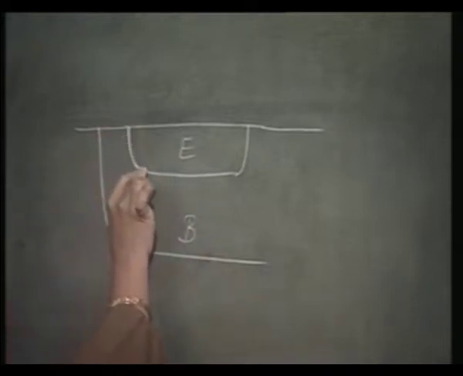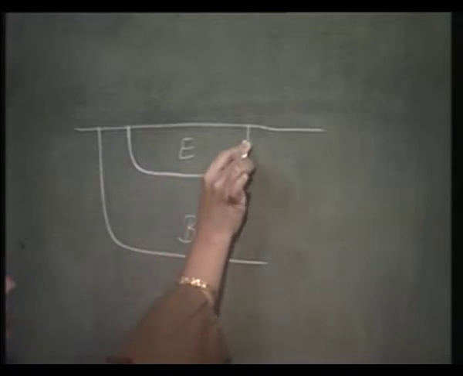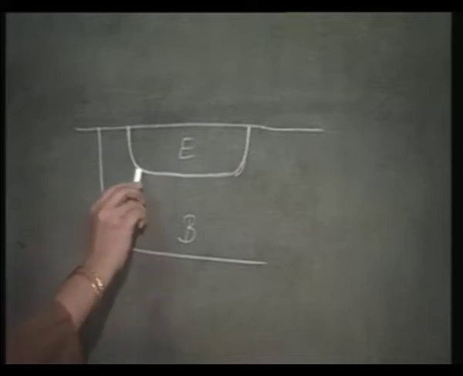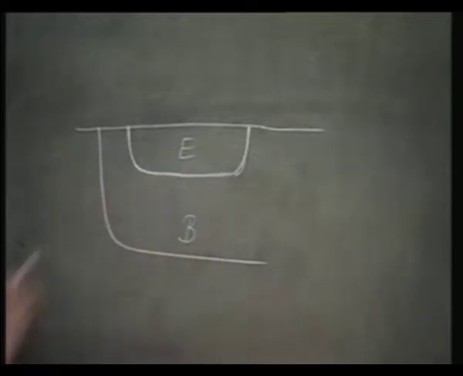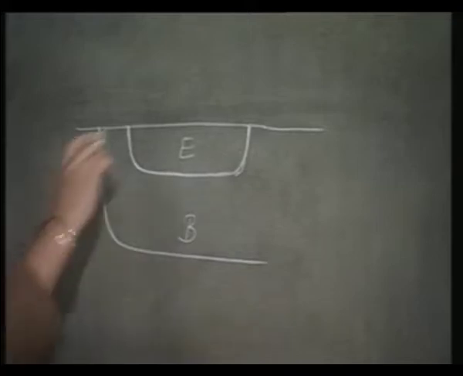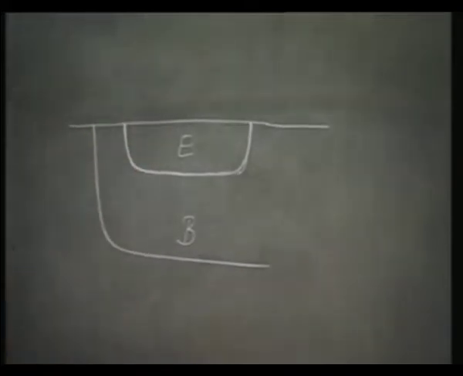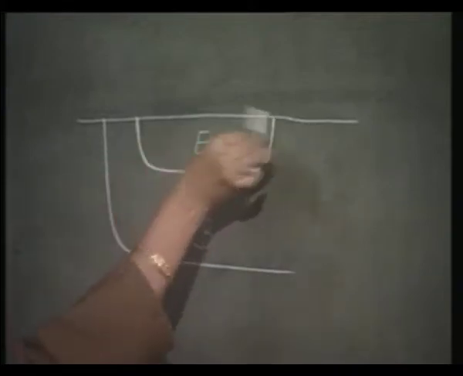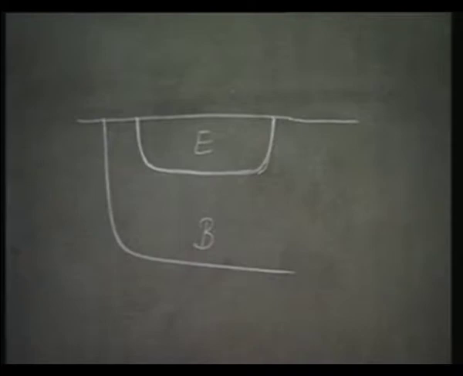So, you see the emitter base junction capacitance will have two parts. One is the planar capacitance, that is determined by the size, the length of the emitter, and the other is the peripheral or the side wall capacitance. So, the emitter base junction capacitance will have two parts. One is the planar part and the other is the side wall or the peripheral part.